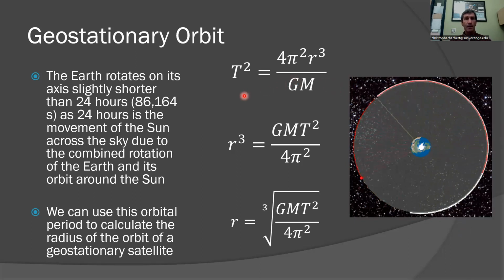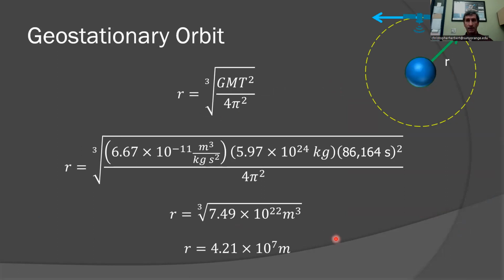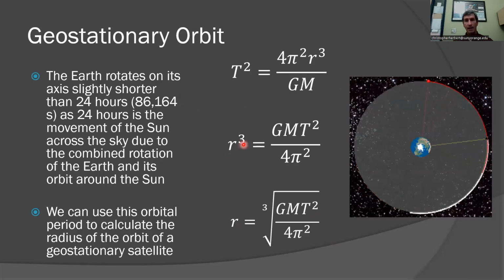So again, if I set T to be equal to roughly 24 hours, I can solve for the radius that I need to get to that particular orbit. Again, here's the radius of my orbit. Notice that I'm solving for r based on T. So I'm going to put T on the right-hand side of the equation.